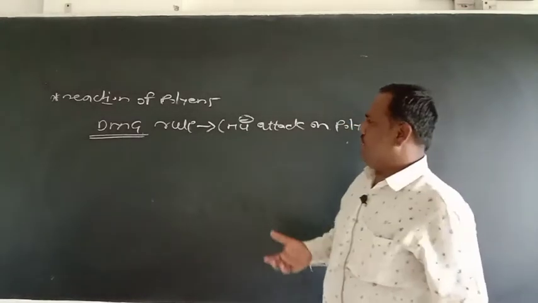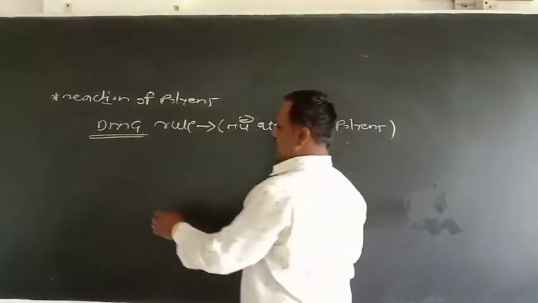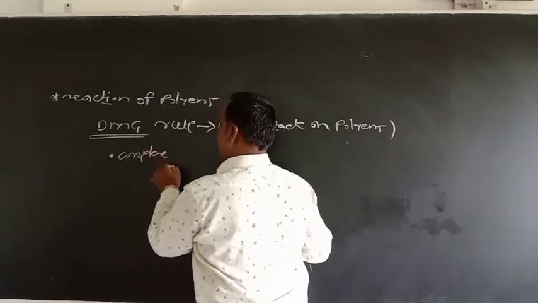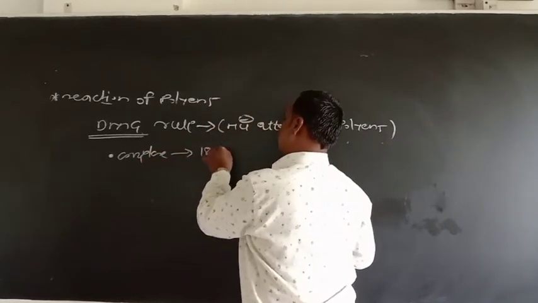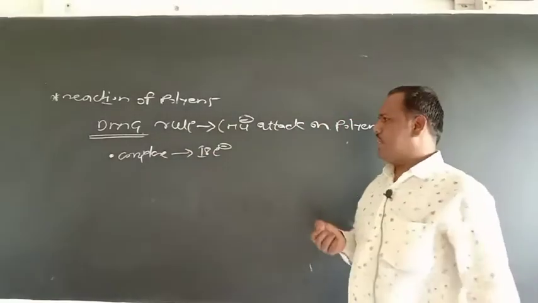So what are the conditions for a nucleophile to attack on polyenes? The first condition is that the complex or the reactant must be an 18 electron species.